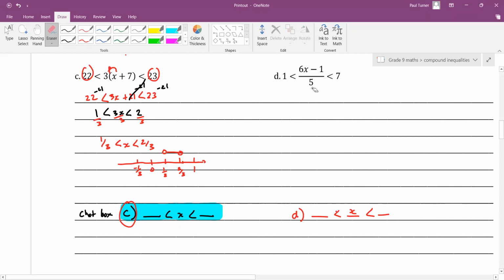We probably want to get rid of this first. So the first step would be multiply everything by 5. So do that. So times 5, times 5, and times 5. That's your first step. Okay, so do that one and put your answer in quickly.